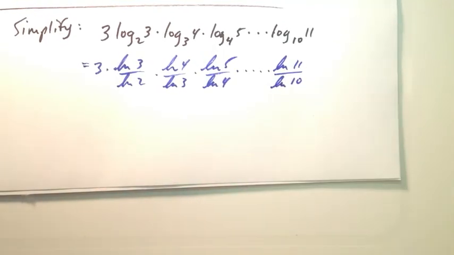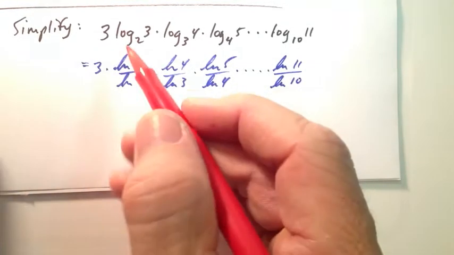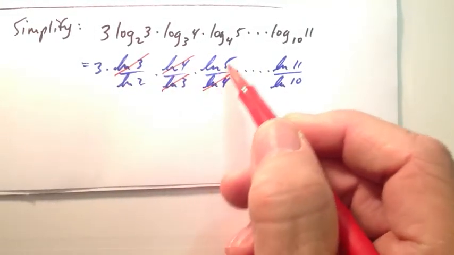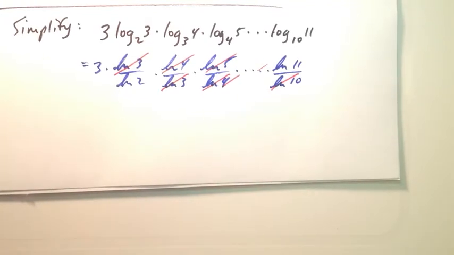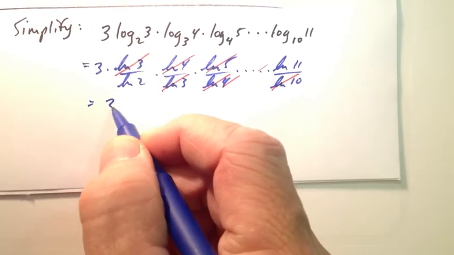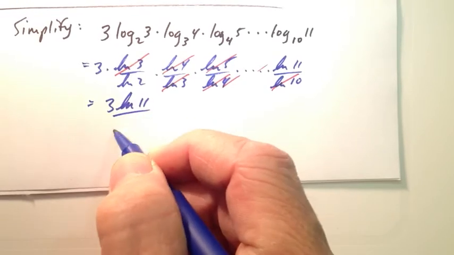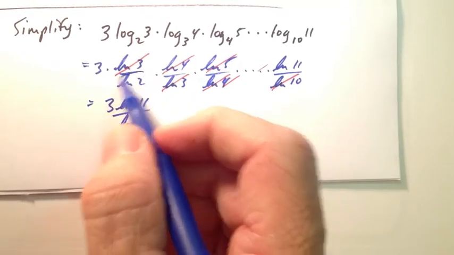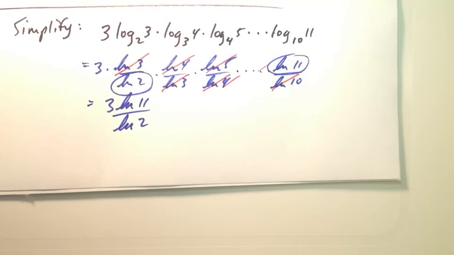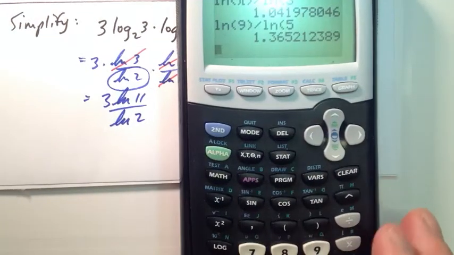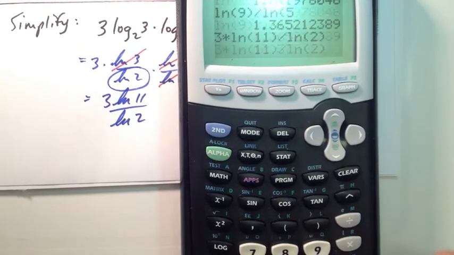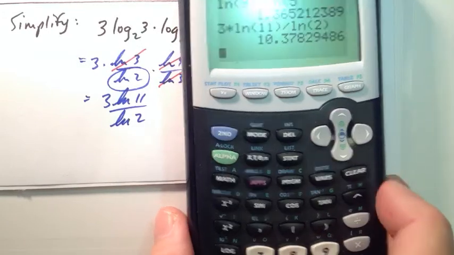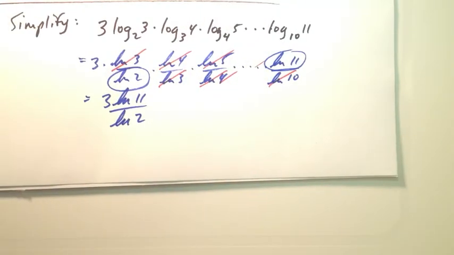Okay, so if you did it that way, and you notice that you could cancel each of these, cancel, cancel, cancel, and you keep canceling, all you're left with is 3 times the ln of 11 over the ln of 2, so those are the only ln's left standing, and when you type that in, you get 3 times ln of 11. When you divide that by the ln of 2, you get 10.378.